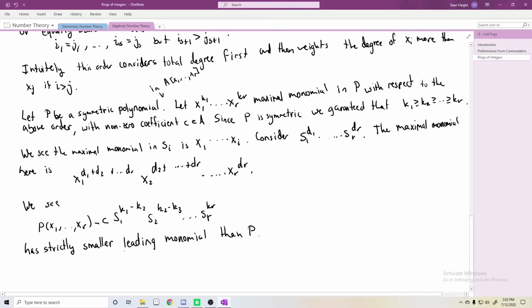Okay, and essentially you can repeat this argument, and after a finite number of steps, you'll see that P is a polynomial. So we can repeat this argument with, maybe I'll call it P prime, equals P minus C S1 to the K1 minus K2, S2 to the K2 minus K3, and so on, SR to the KR.